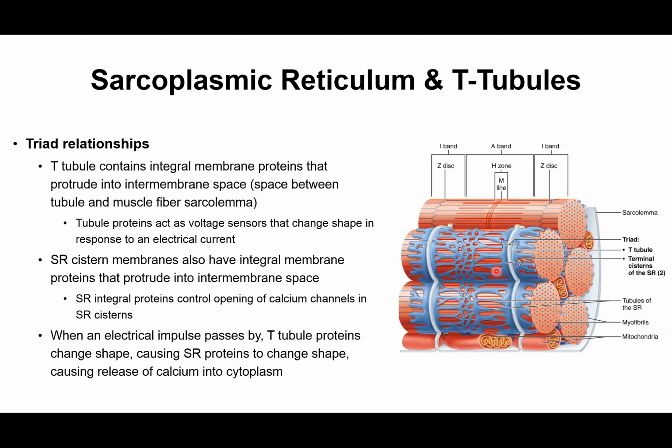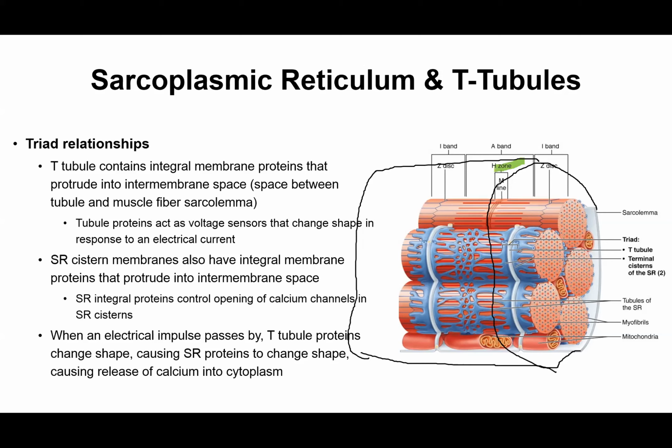Okay, so just to give you more of a picture of this. If I were to encircle this whole thing, because this, remember, is one whole muscle fiber, and we have many of these myofibrils inside. Essentially, let me just fill this in.